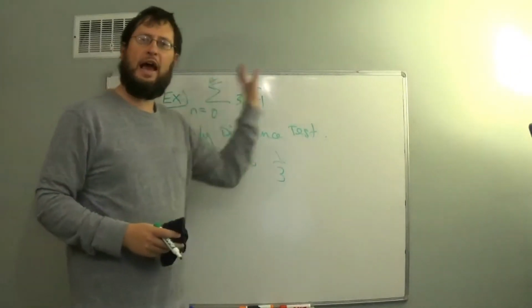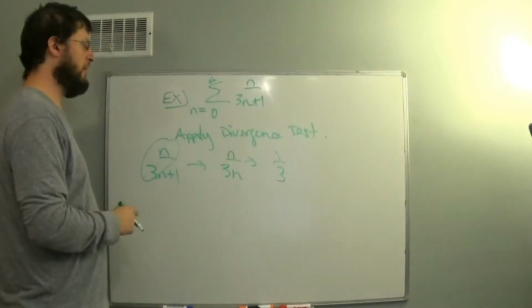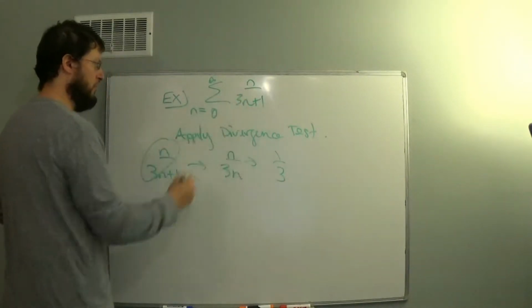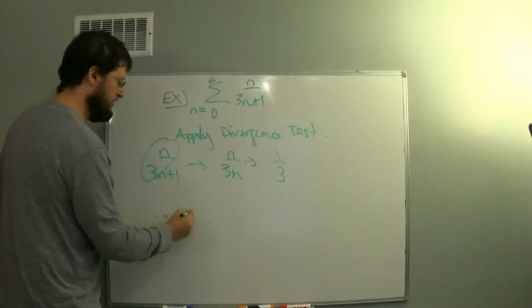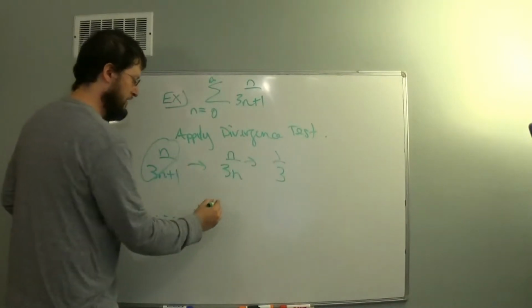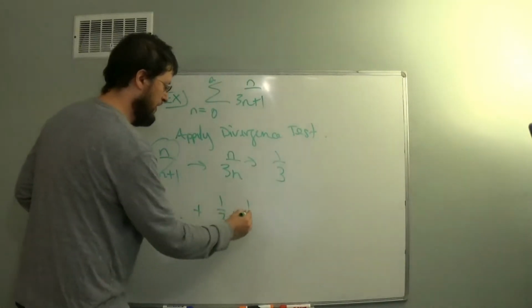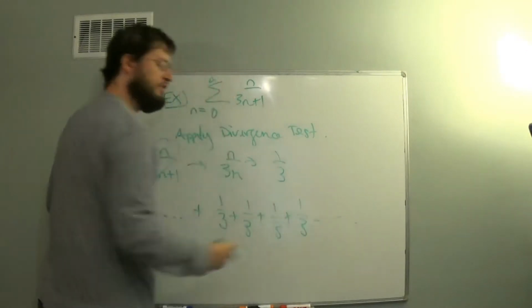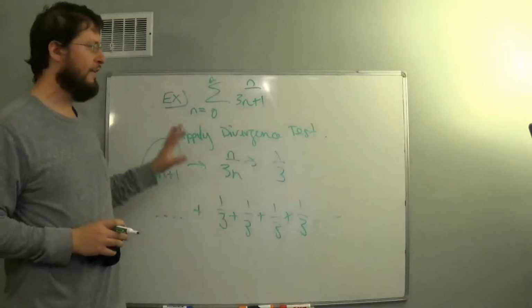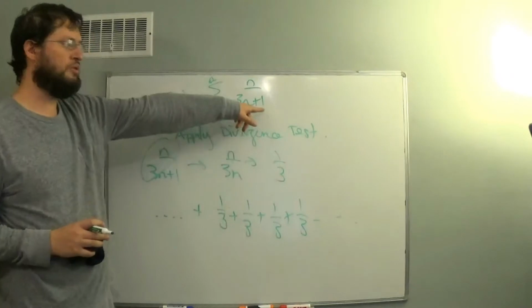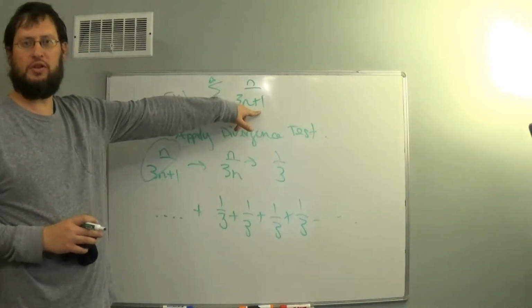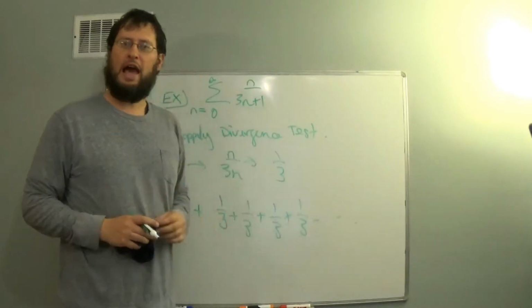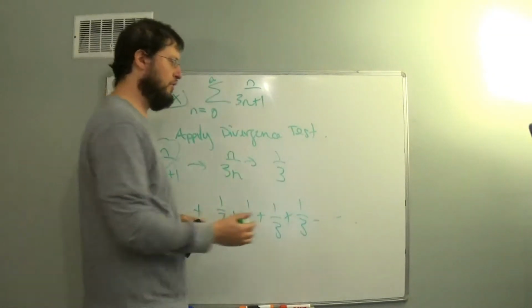So after I've added up a very large number of these terms, it's the initial terms, so we'll have a whole bunch of stuff, and then we're going to add essentially 1/3, plus 1/3, plus 1/3, plus 1/3, and so on and so on and so on. After a very long time, these terms behave essentially like 1/3, which means that I'm adding 1/3 forever. If I add 1/3 forever, it goes to infinity.